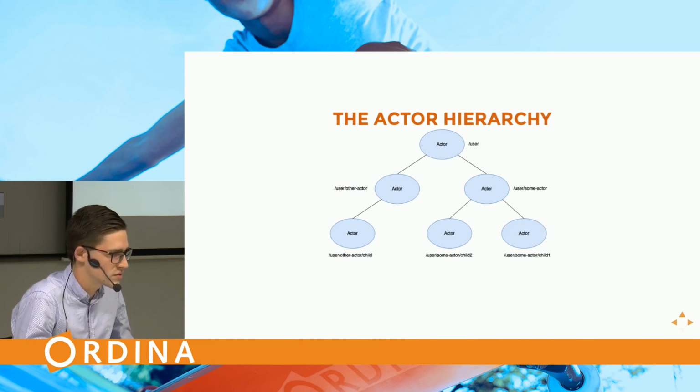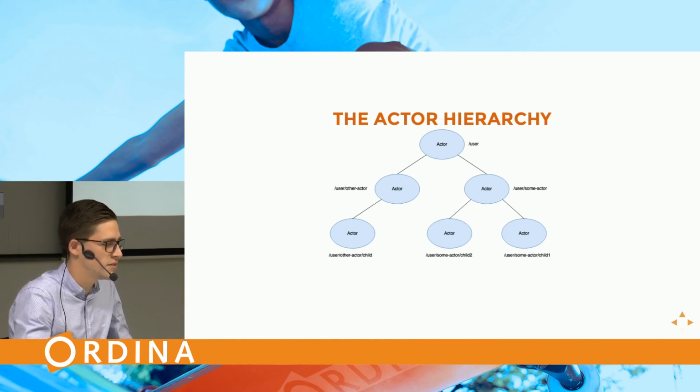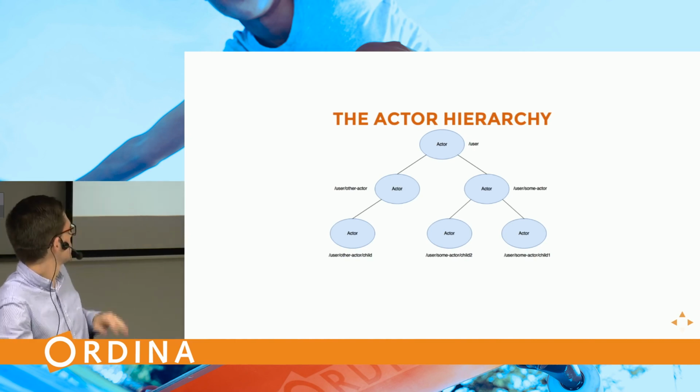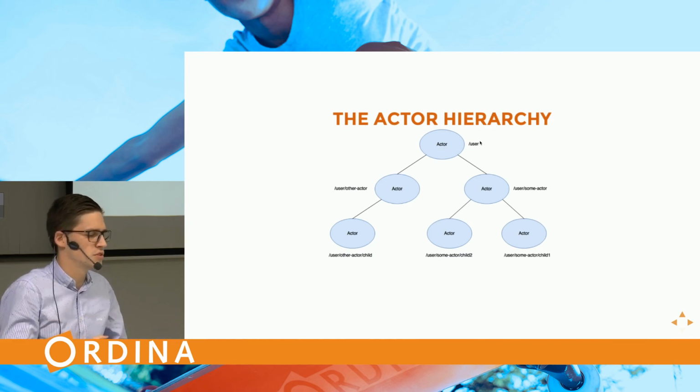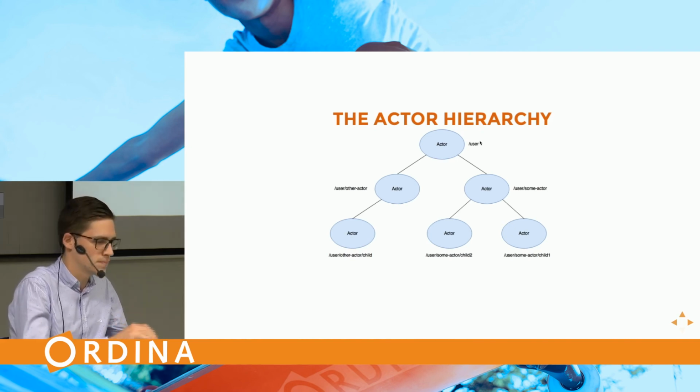On the actor hierarchy slide right here, you see that the first actor at the top is the user actor. The user actor is called the user guardian, which is an actor that always exists when creating a new system. So this is kind of the root actor.